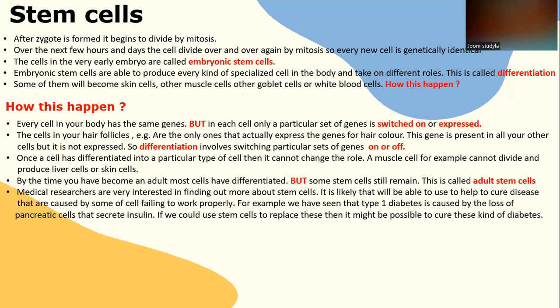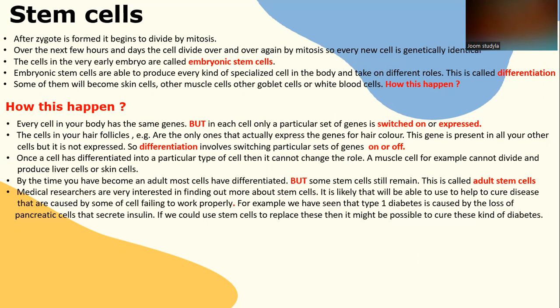This gene is present in all your other cells, but it is not expressed. So, differentiation involves switching particular sets of genes on or off. Once a cell has differentiated into a particular type of cell, it cannot change its role. A muscle cell, for example, cannot divide and produce liver cells or skin cells.